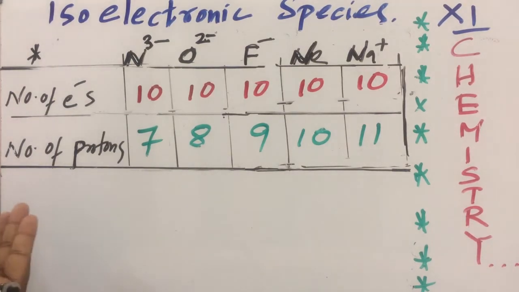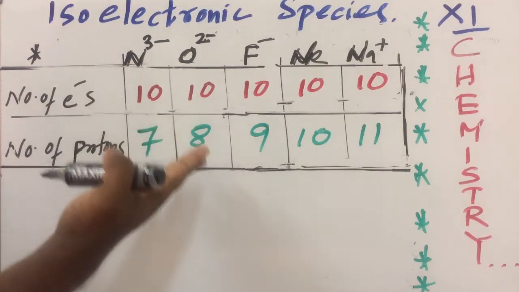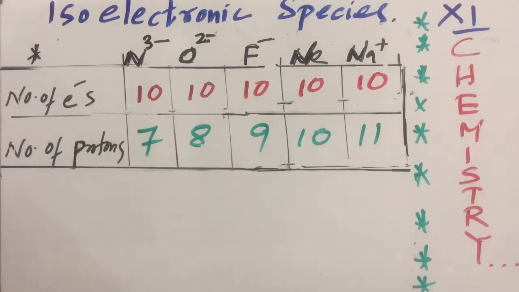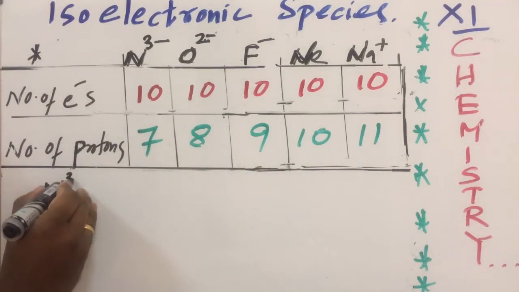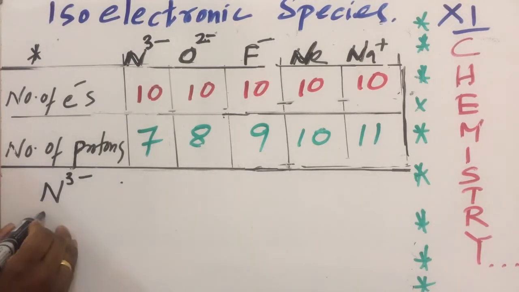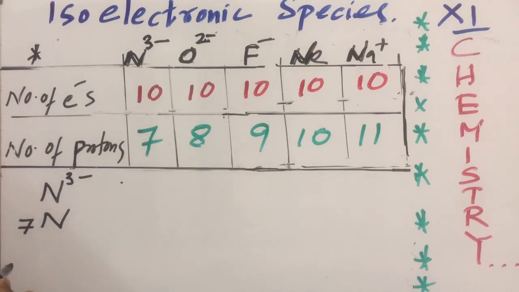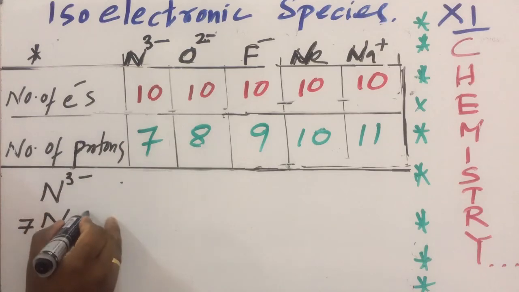Now let's see the details of each ion and how these numbers are coming. First take N3 minus. The element is nitrogen. Do you remember the atomic number of nitrogen? 7. 7 means 7 protons. Nuclear charge is 7.